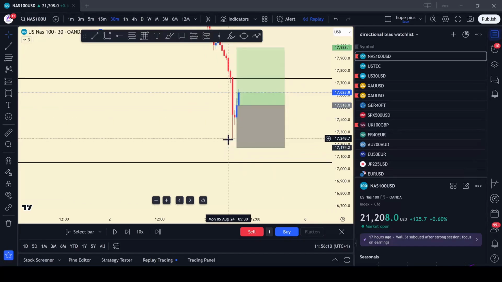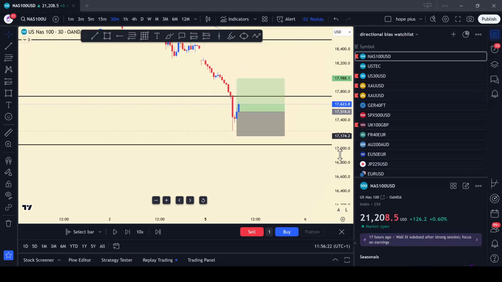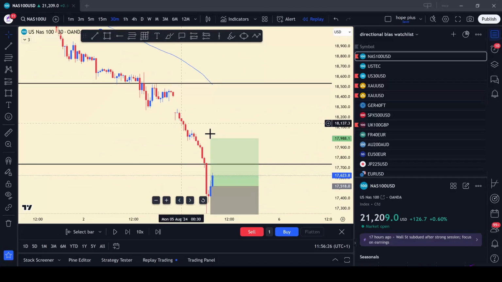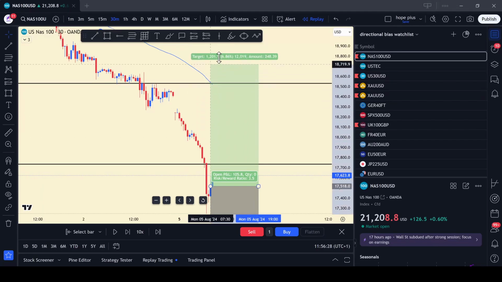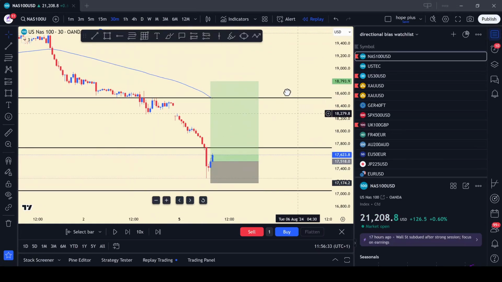So in order to be safe, we can put it just below this week. And that is how many pips stop loss? Like 23 pips based on the NAS 100. And then you can go back to the daily or 4-hour and target the opposite reversal opening price.